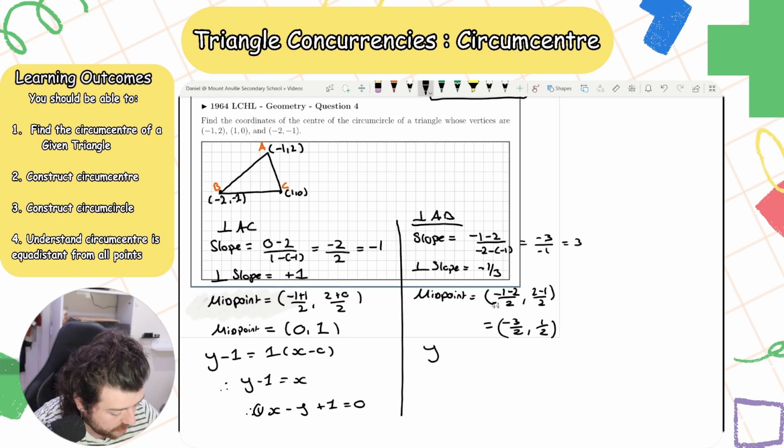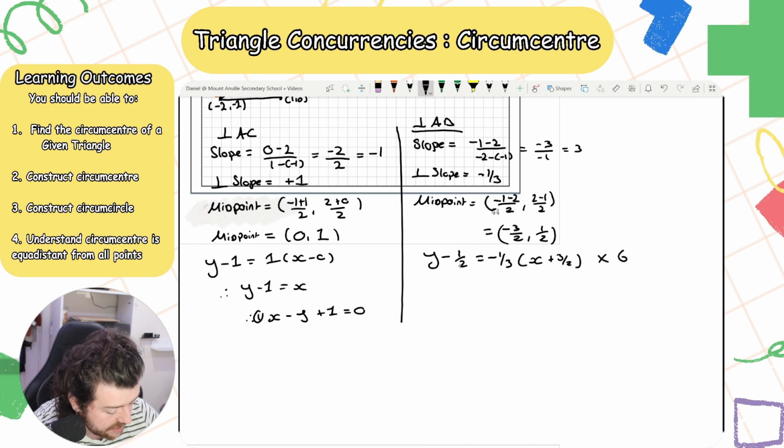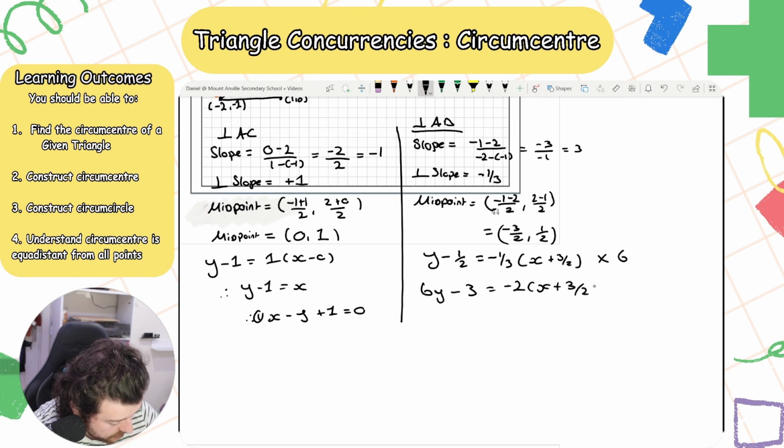Now let's find the equation of the line. Y minus a half equals m, which is minus 1/3, times x minus negative 3 over 2, which is going to become a positive 3 over 2. I'm going to multiply across by 6 here just to get rid of my fraction, because 6 is the lowest common denominator of 2 and 3. So 6y minus 3 equals minus 2 times x plus 3 over 2.